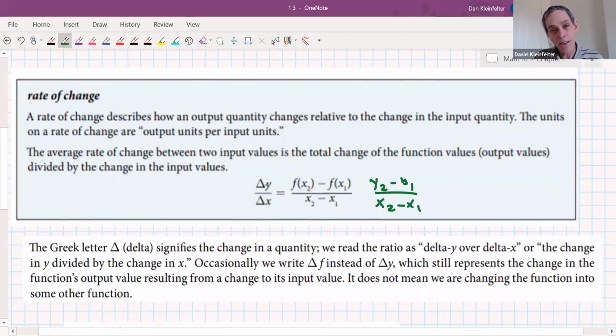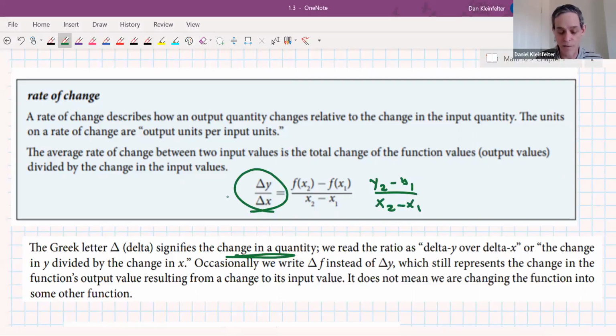The symbolism on the left side takes a little bit of explaining. This little triangle next to the y, next to the x, is a symbol. It's a Greek letter, delta, that stands for the change in a quantity. We'd read the ratio out loud as delta y over delta x, or the change in y divided by the change in x. That notation is used especially in situations where we don't especially care which 2 points on a line or on a graph are being used.